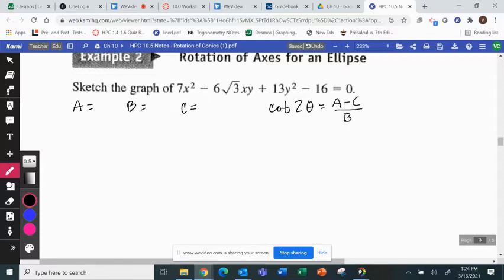A is the coefficient for the x squared, so 7. B is the xy, so -6 square root 3. And C is the y squared, 13. So I'm going to plug that in: 7 minus 13 over -6 square root 3. I get -6 over -6 square root 3, which gives me 1 over square root 3.